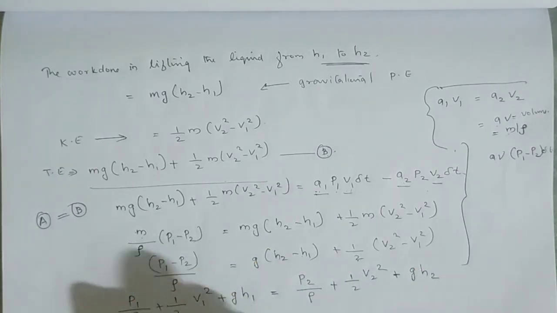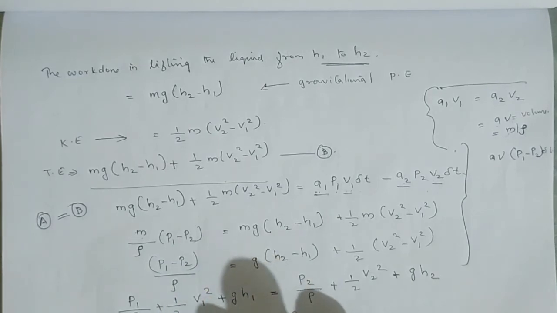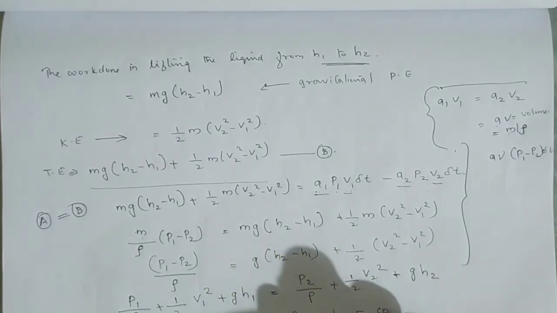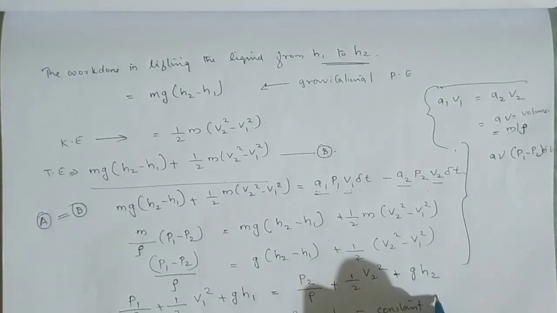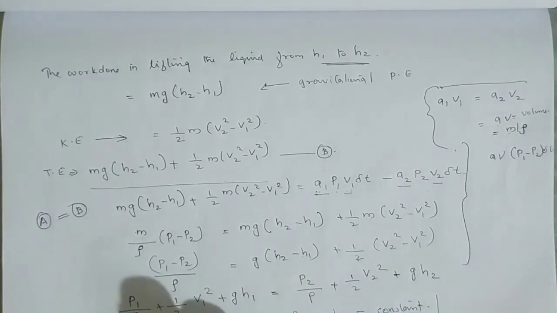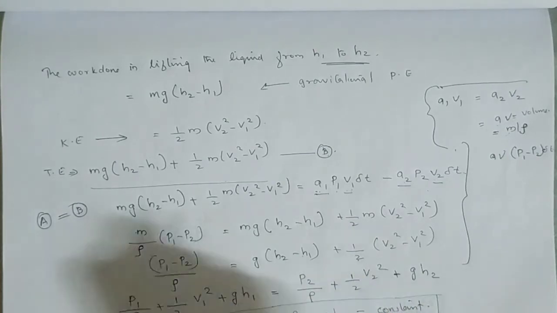So we can write this, generally, as P by rho plus half v² plus GH is a constant.